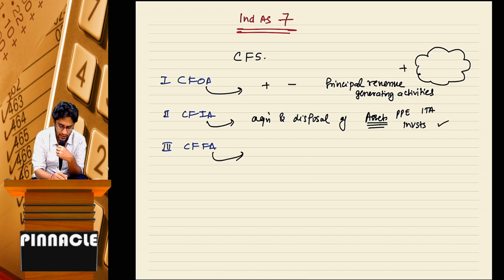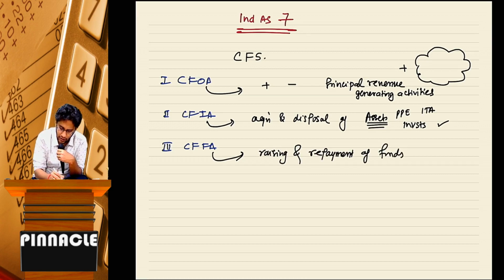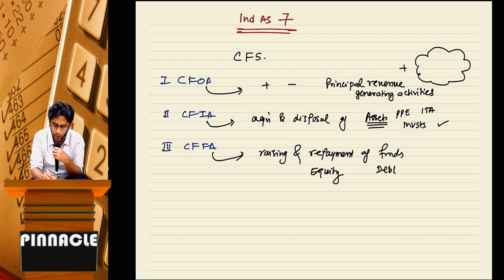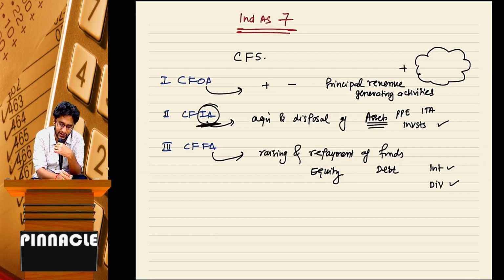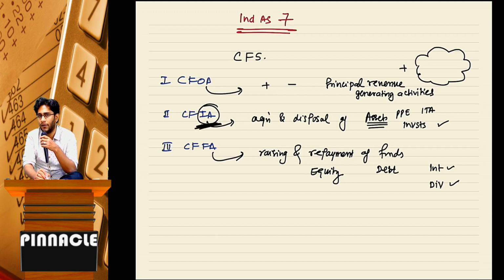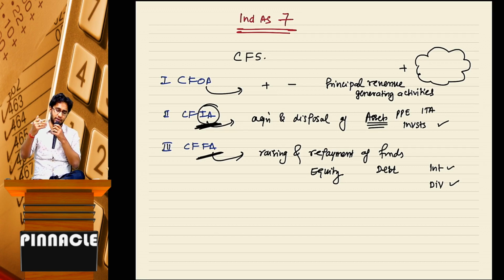Financing activities means they are about raising and repayment of funds, which means either equity issues, equity redemptions, or borrowing issued, borrowing repayments, and related items, like interest and dividend payments. Interest and dividend incomes are related to investing activities, because investments, whatever you are getting, they are obviously investing activities. On the liability side, whatever you have, if you pay anything on that, that will be financing activities. So that is the basic meaning of operating, investing, financing.